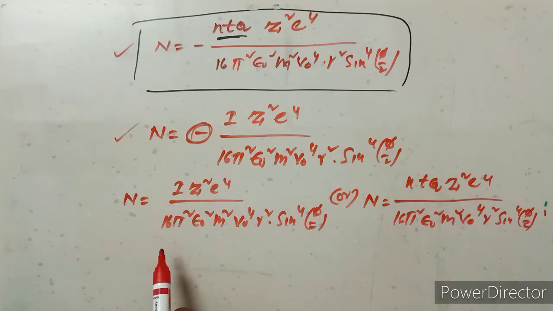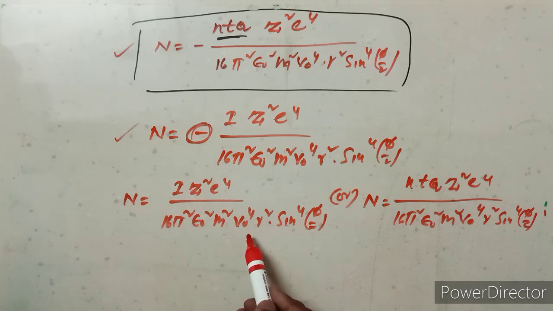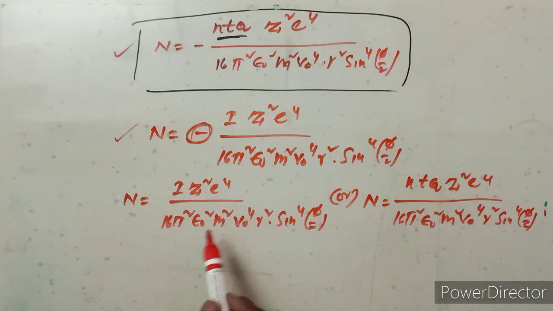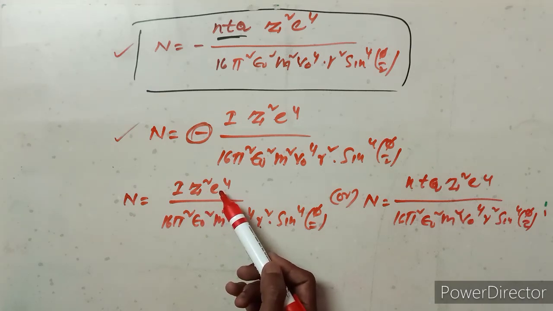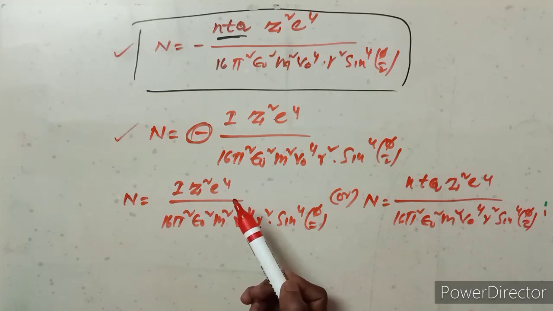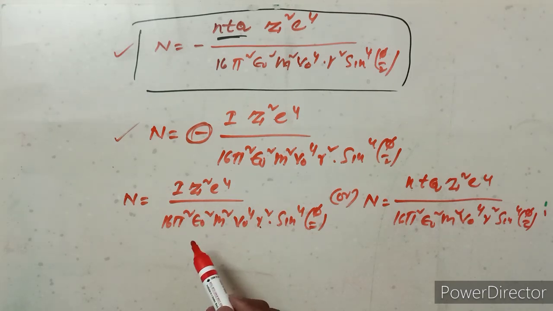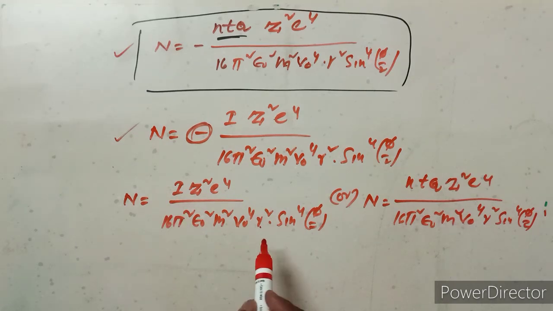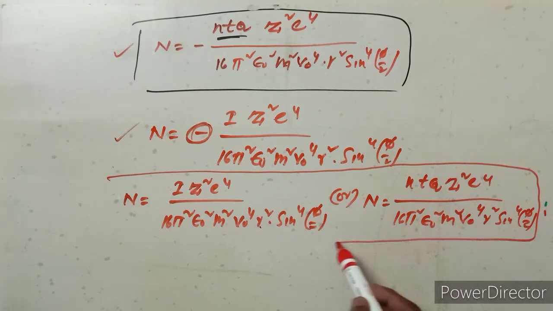The scattering formula, like the scattering cross section, depends upon the mass of the alpha particle, its velocity, the distance, the sine function, and the charge. In comparing the scattering formula and the scattering cross section, here it has intensity and r square. This is the scattering formula.